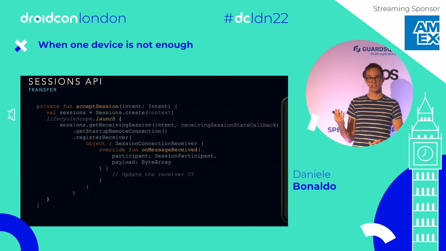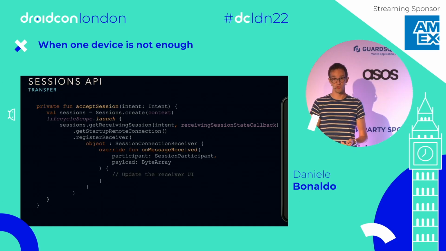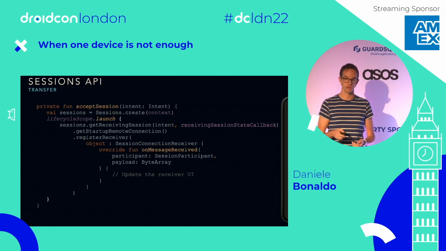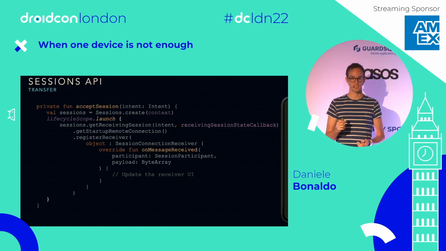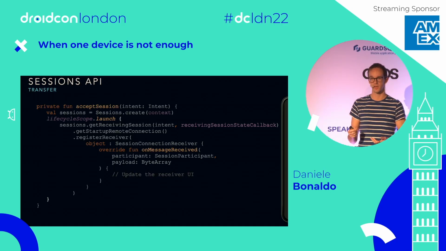On the receiving device, again, we are going to receive a new intent. But in this case, we are going to use the sessions API instead of the discovery one. And here we can get a receiving session. And from that one, we are going to have a connection. And registering a receiver, we are going to have a callback when we receive a new message.